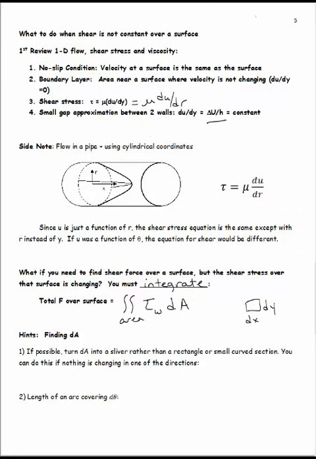So one of the trickier parts of these problems is figuring out what your dA is. So I've got a few hints here. One of the things you can do is, if nothing is changing in one of your directions, instead of doing a dx dy like I have up here, instead make it into a sliver. Let's say here is your surface, and this is your x direction. Say this is your z direction.